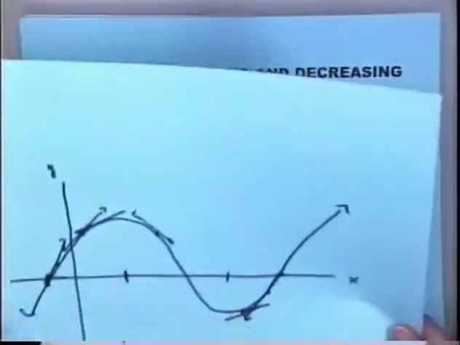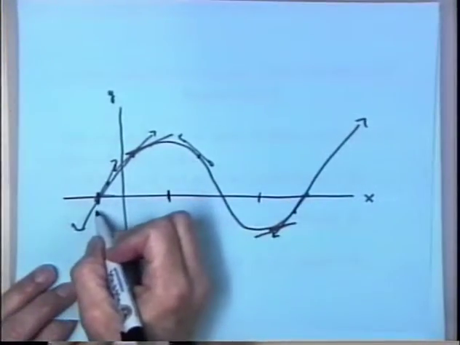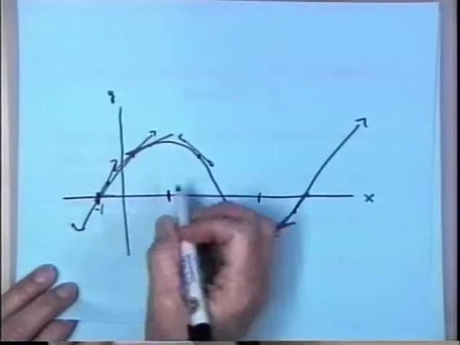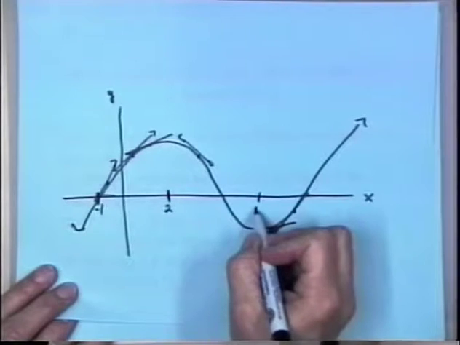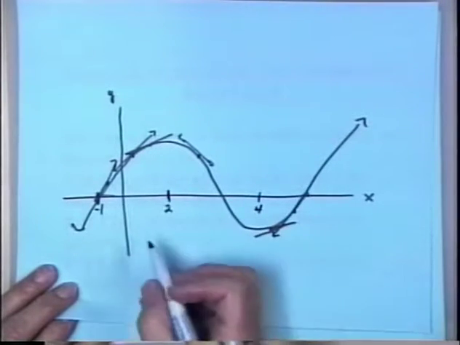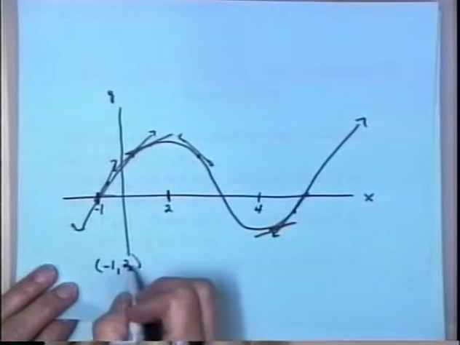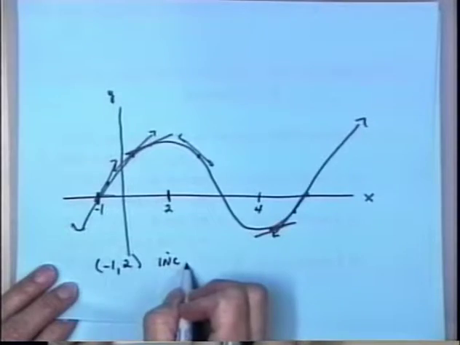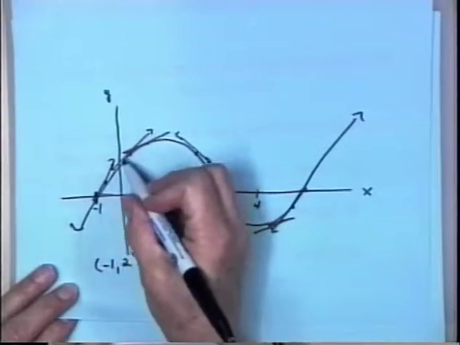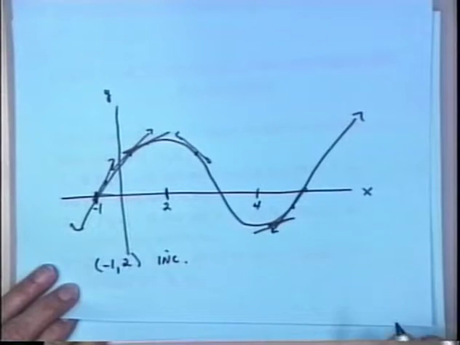Let me go back to this little sketch that we had right here. I'm just going to make up some numbers here. Let's say this was at x equal -1 right here, and let's say this is at x equal 2, maybe this is x equal 4, okay? On the interval from -1 to 2, recall how we write those intervals? My function is increasing because all of my derivatives would be positive since those tangent lines would all have positive slope.